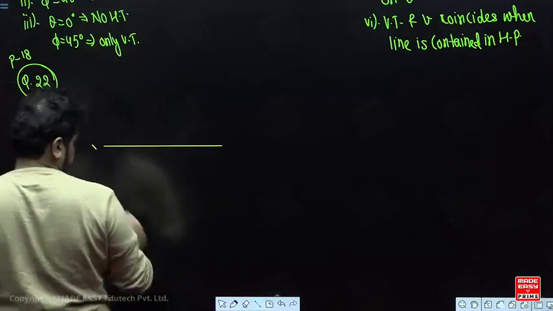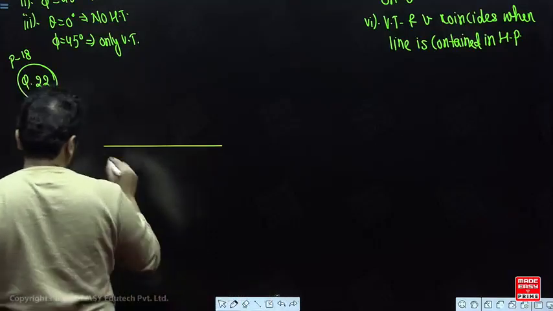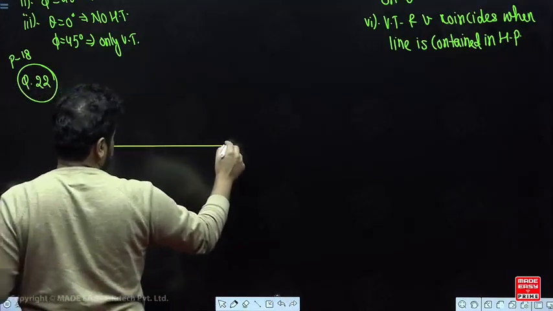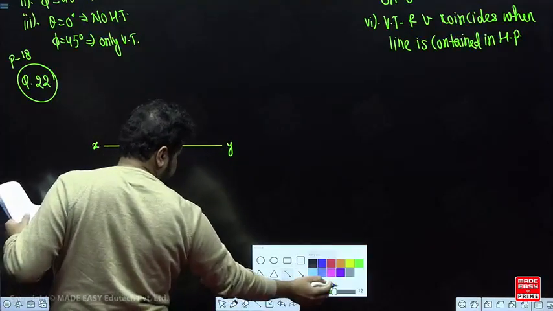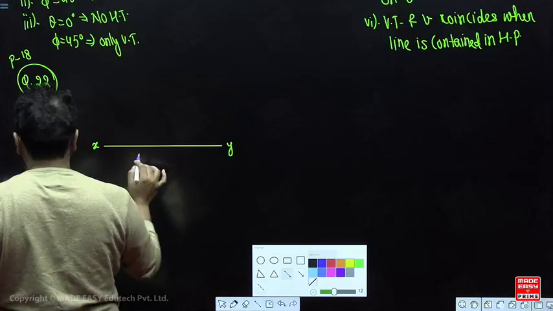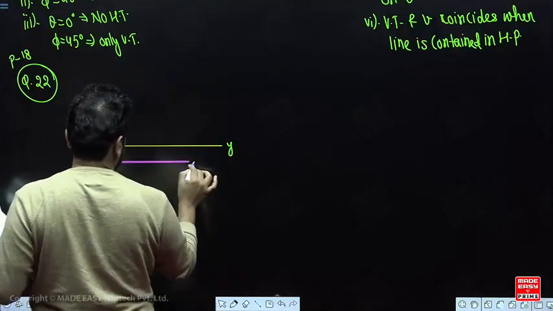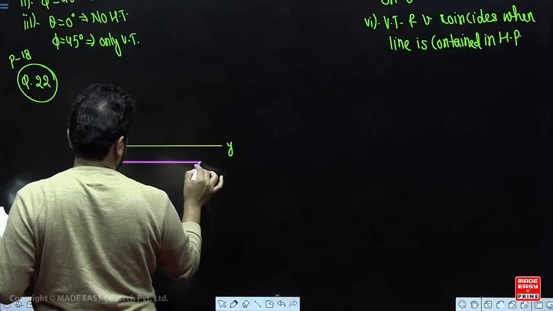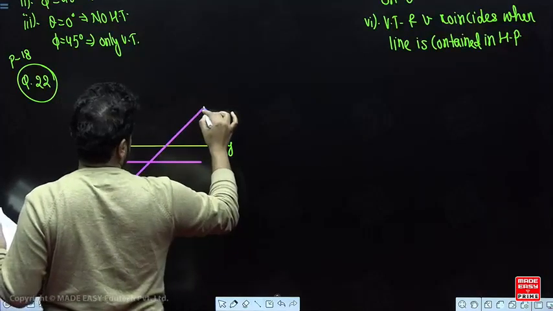This is your x and this is y, correct. Now the figure has been given, so a line is drawn something like this, right, and another line is drawn at a certain angle like this.